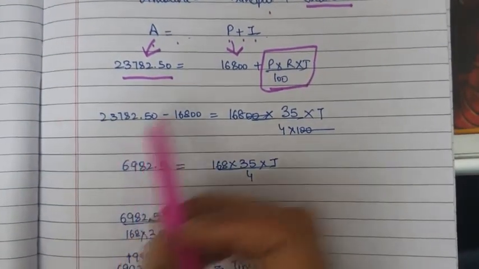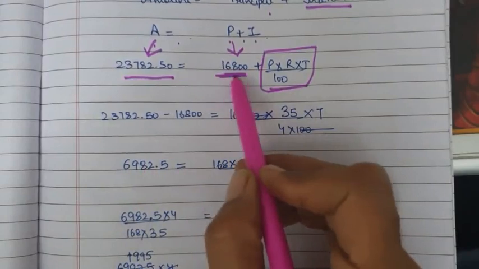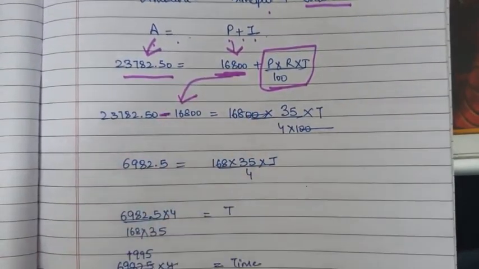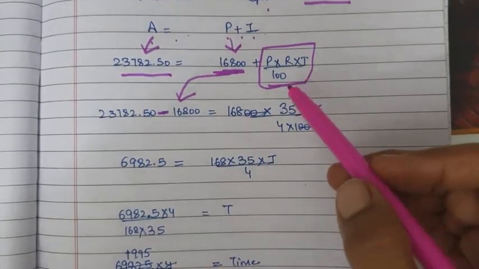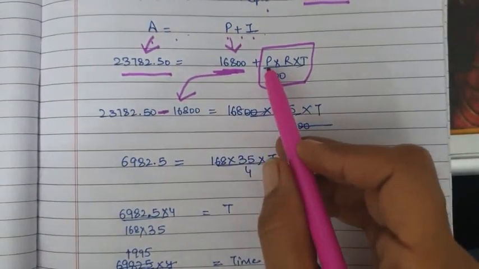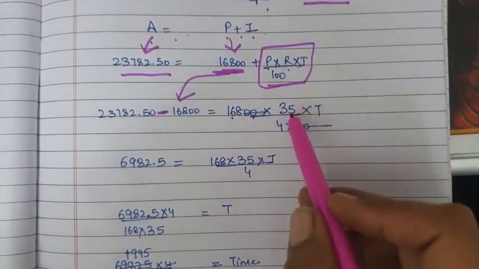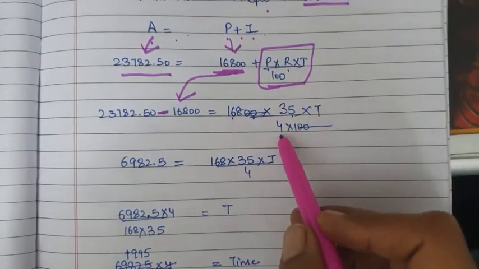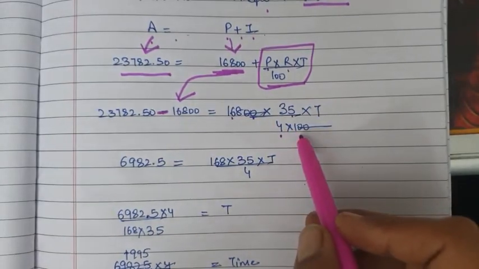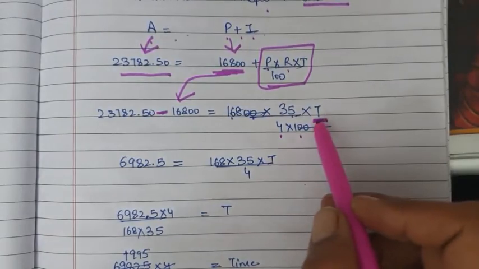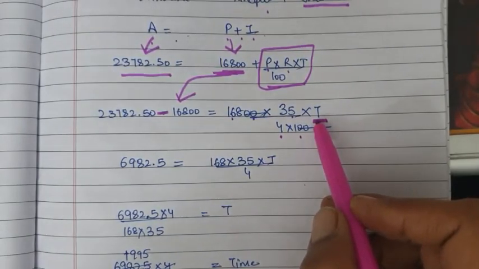So now 16,800 will shift to that side. It is getting subtracted now. Now principal is what? 16,800. Rate of interest is 35/4. 100 in the denominator. Time we have to find out, so it will remain as such.